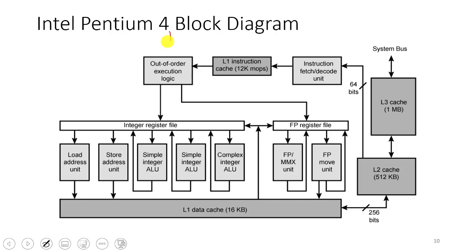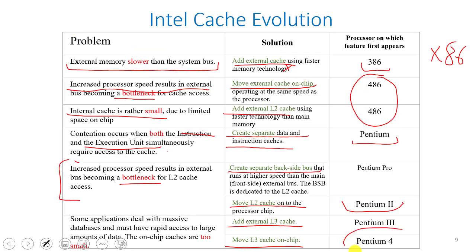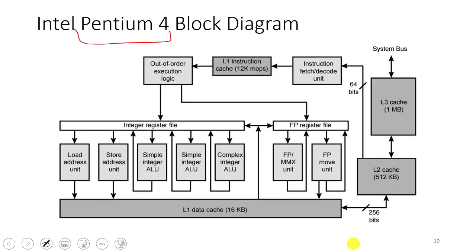This is the Pentium 4 block diagram, which is over here. In Pentium 4, we have level 1 data cache and level 1 instruction cache. So we have two separate caches for level 1, one for data, one for instructions. We have level 2 cache over here, and we have level 3 cache.